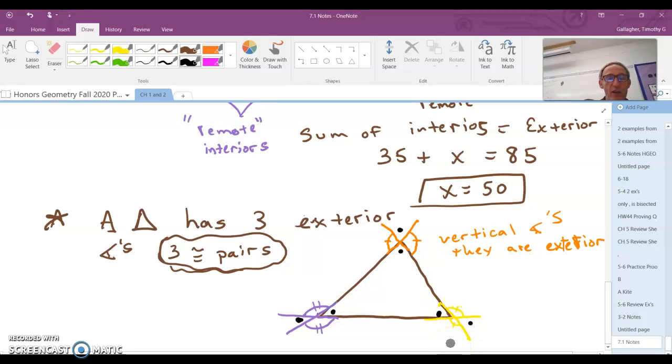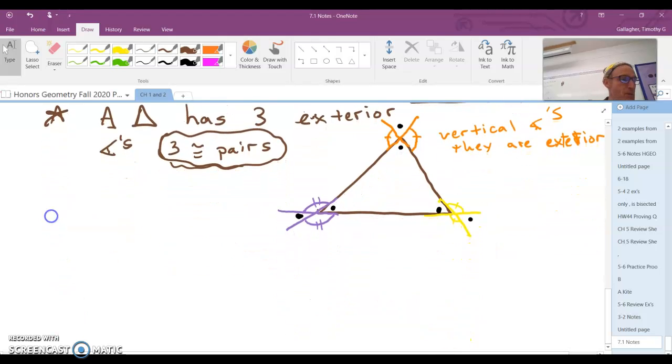So every triangle has three exterior angles. There's three congruent pairs. One pair here, two pair here, three pair here. So just keep that in mind, that the exterior angle of a triangle could be either one of these two.